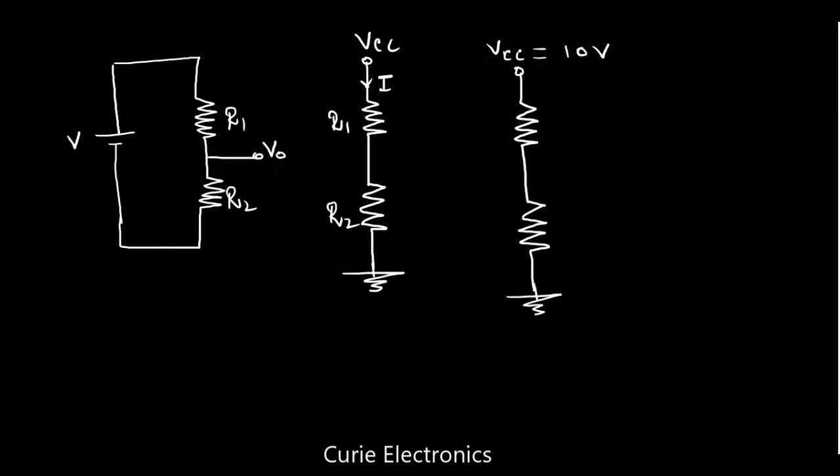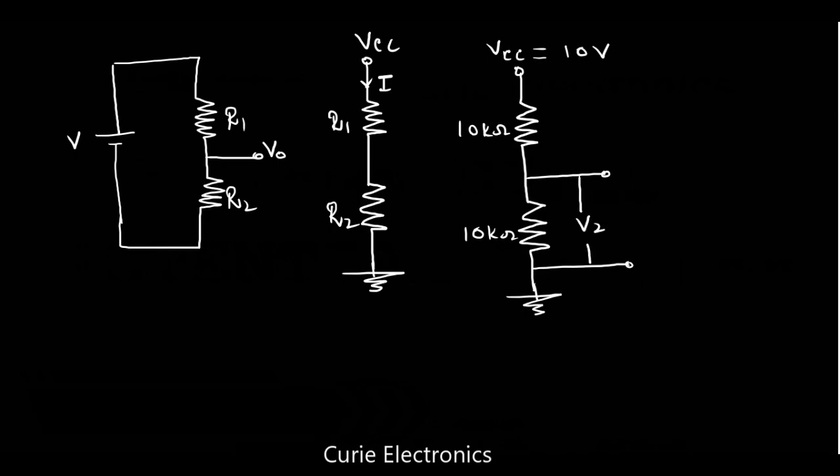And my first resistor R1 equal to 10 kilo ohms and R2 equal to 10 kilo ohms. And what is the V out here? This means we will write this as V2 because it is across R2.